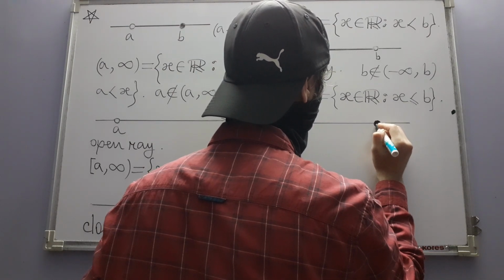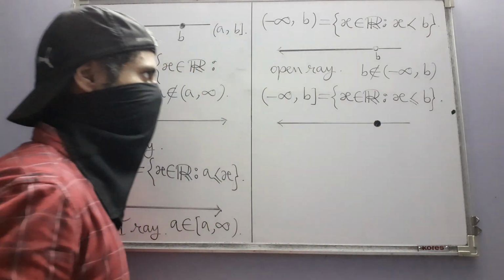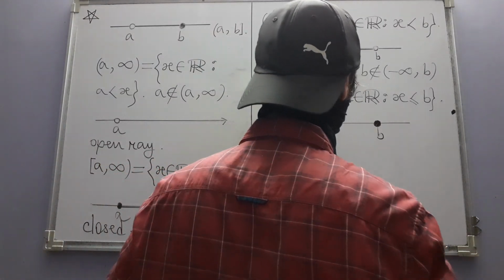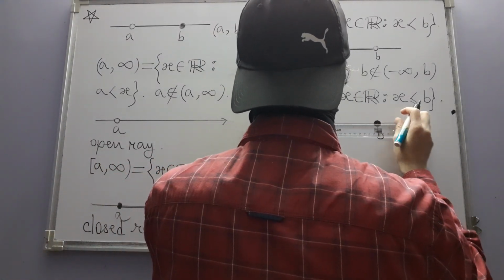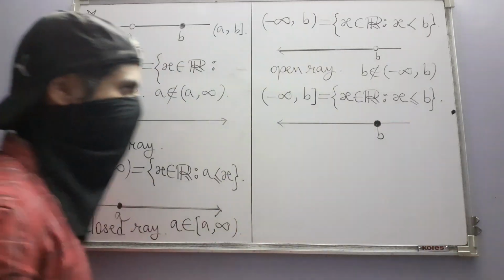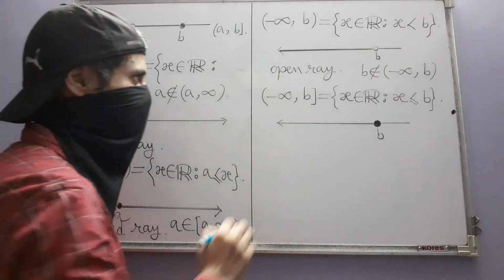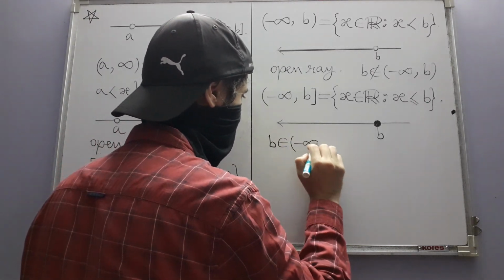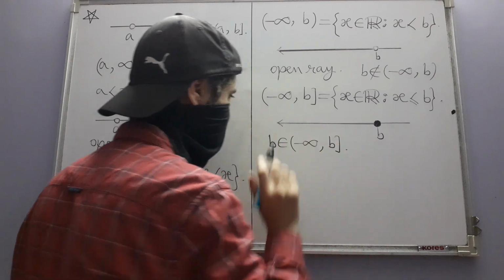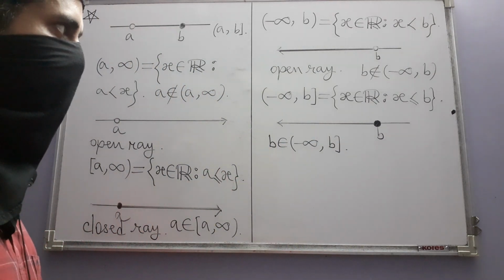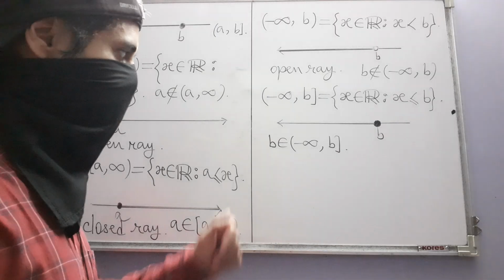We draw a black circle around the point which represents the number B on the real line. Okay, and B belongs to the closed ray.